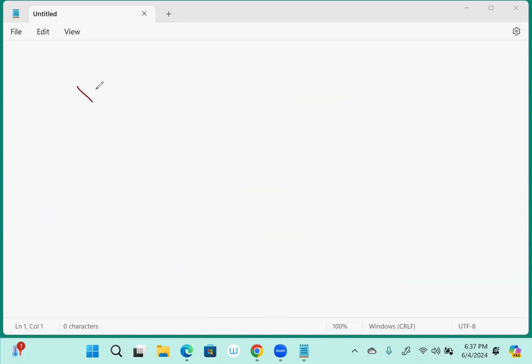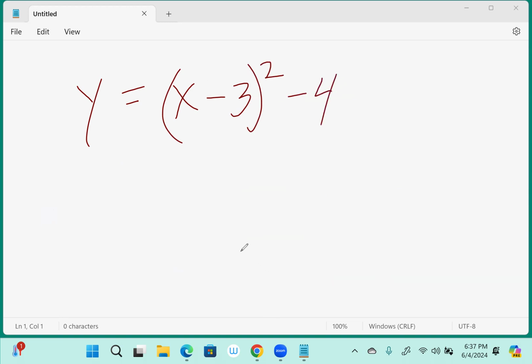So let me give you one problem. They'll give you this and they'll ask you, where's the vertex? What's the axis of symmetry? And what are the x-intercepts?